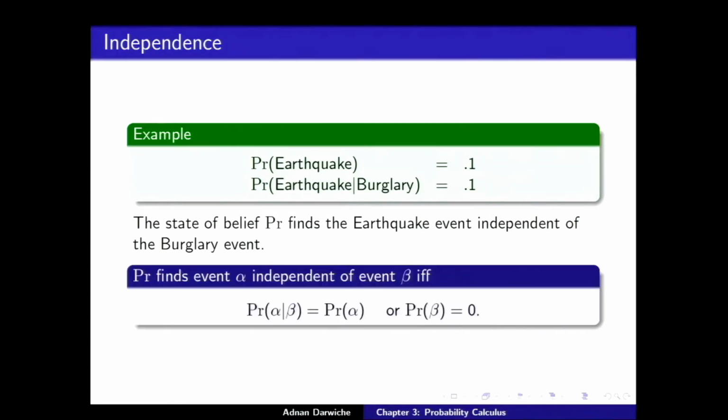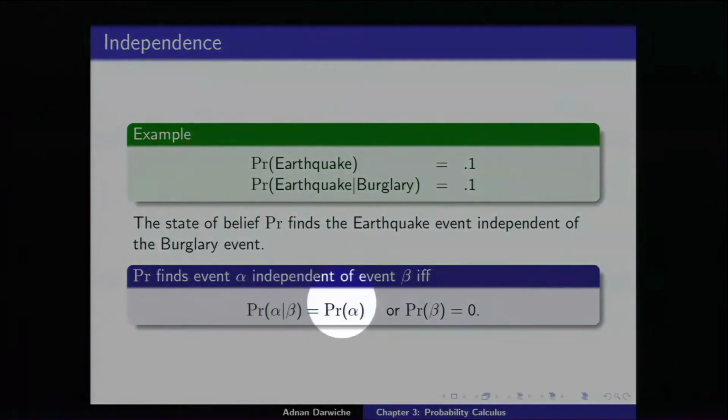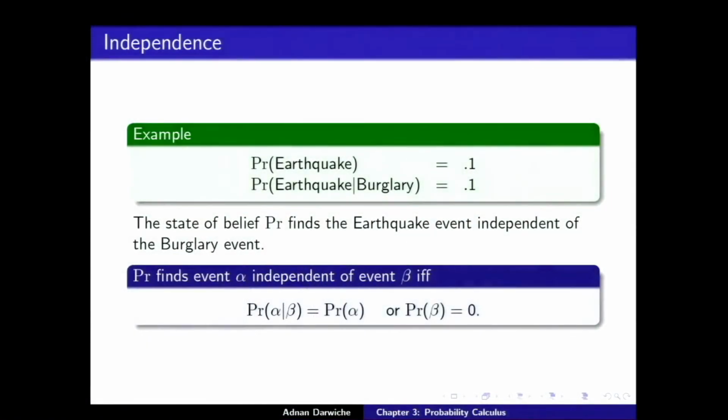And the simple definition here is what you would expect, that the probability of alpha given beta is the same as the probability of alpha, that is, alpha is independent of beta. Now, the classical definition you're given for independence is the probability of alpha and beta equals probability of alpha multiplied by the probability of beta. It's the same equation. You just have to move things around.